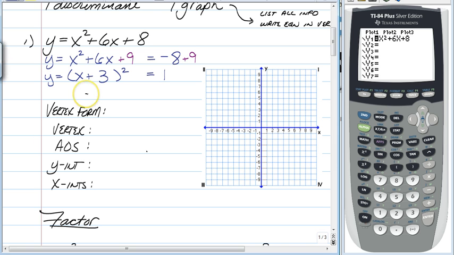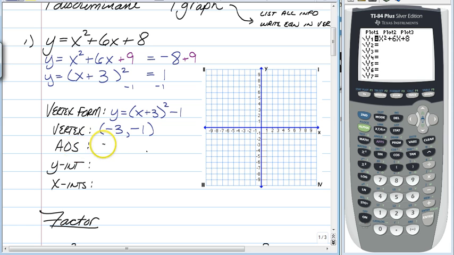You do not square root both sides. You don't do anything from here. You just bring the 1 back over to the left, and your final answer is y is equal to (x plus 3) squared minus 1. That's your vertex form. Now from here, our vertex is opposite of the inside, which is negative 3, comma, outside, which is negative 1.